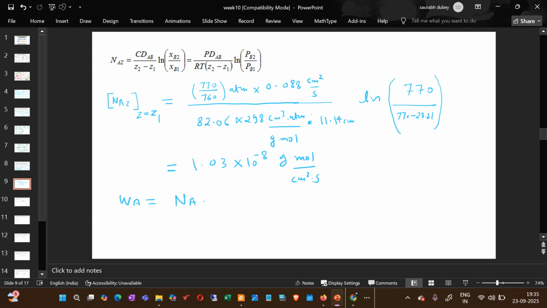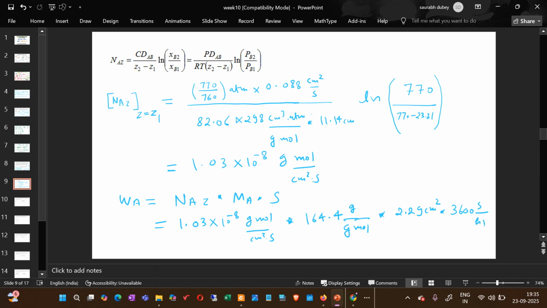So rate in mass unit equals molecular weight into surface area. So it is 1.03 into 10 to the minus 8 gram mole per centimeter square per second multiplied by 164.4 gram per gram mole multiplied by 2.29 centimeters square multiplied by, this is for unit conversion, to convert that into hours so that you will have answers in gram per hour.